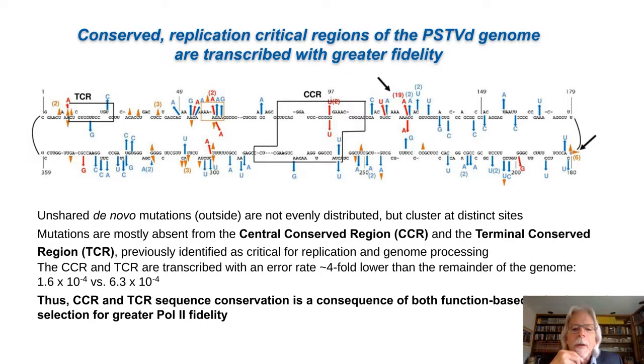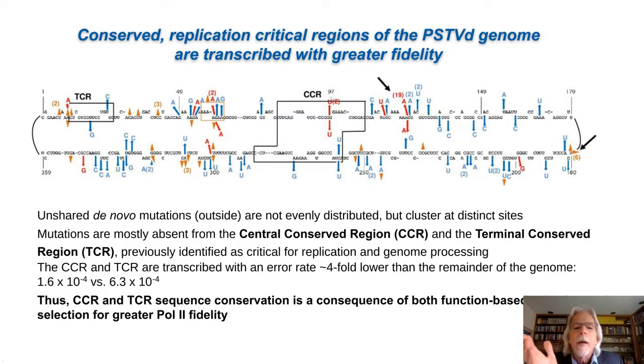So what you'll notice is that the mutations appear to be clustered in certain regions of the genome, but what really jumped out at us was that mutations were mostly absent from the central conserved region and the terminal conserved region.